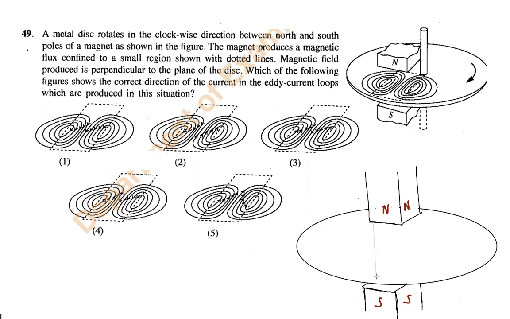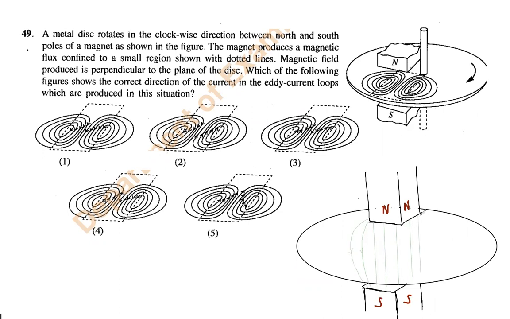Like I said earlier, this is how the magnetic field is going to be. But as you move slightly out of the magnet, the magnetic field is going to get weaker, like this.